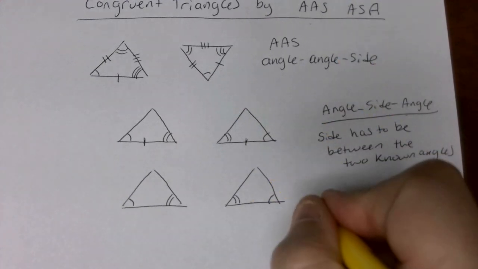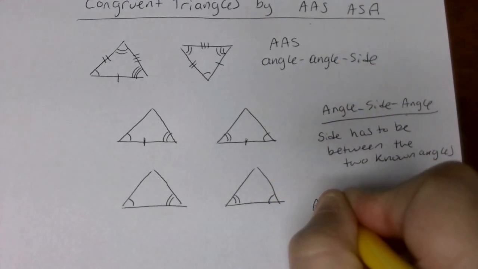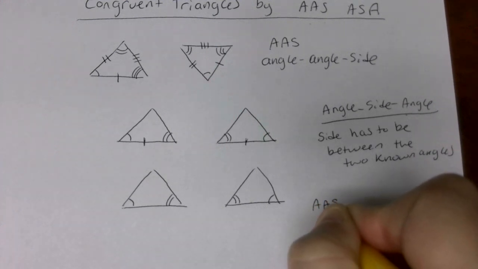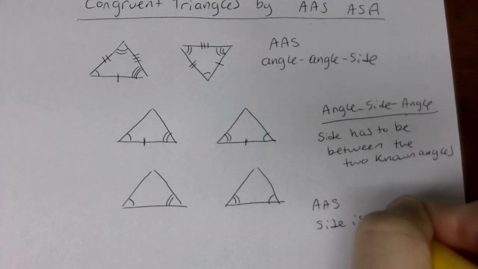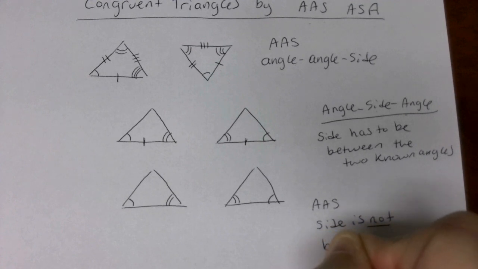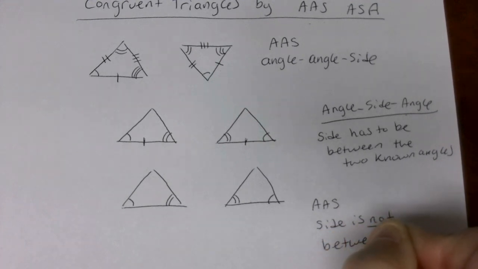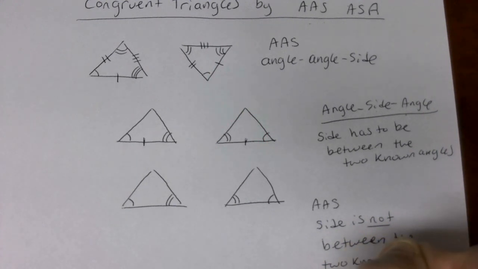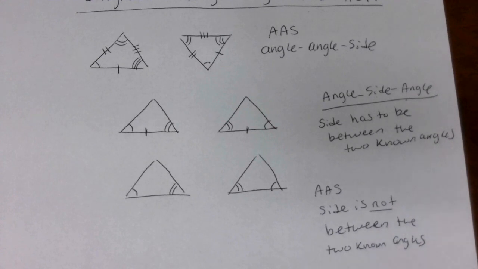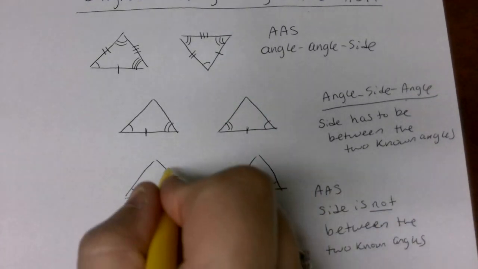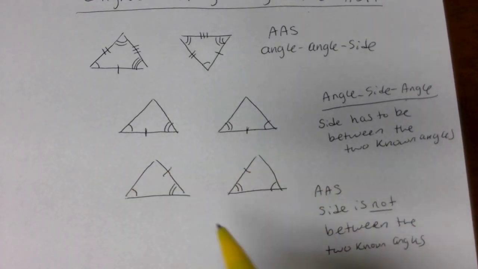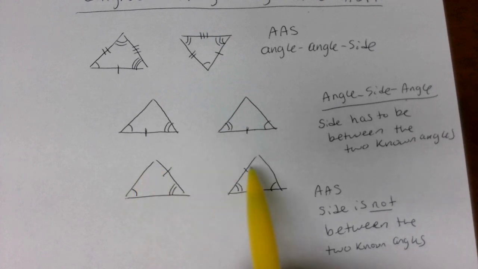However, with angle, angle, side, the side is not between the 2 known angles. Okay, so our side could be over here, let's say, and over here. Or it could have been these 2 over here.